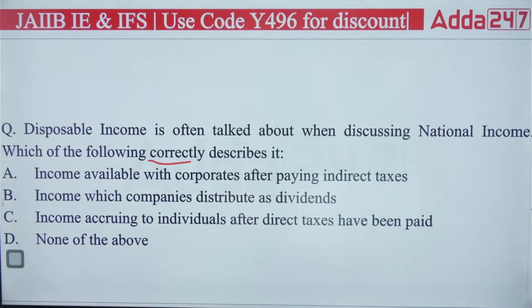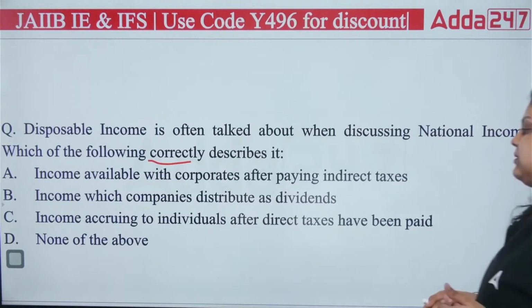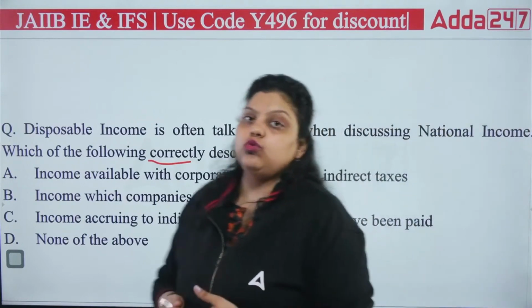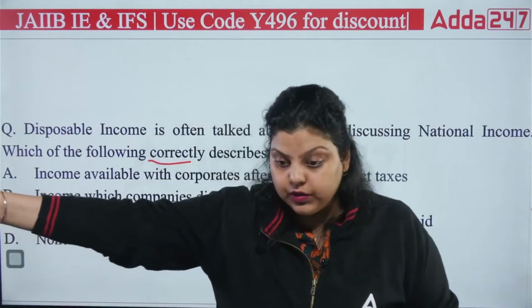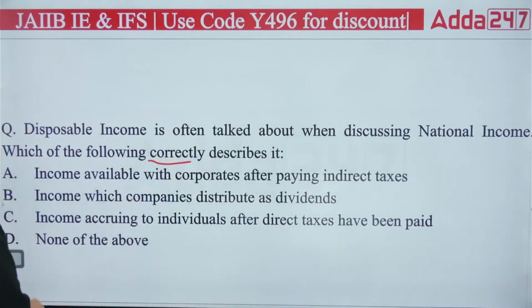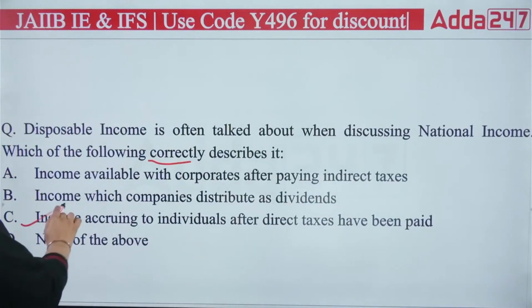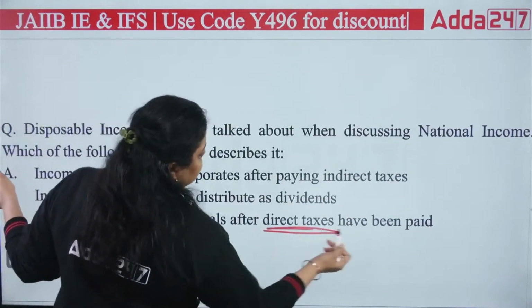So, if I am having a personal income of 10 lakh rupees in a year, let's say for example, I am not able to use all that money because I have a liability to pay the taxes to the government of India, right? So, it's very obvious, the income accruing to an individual after direct taxes have been paid.